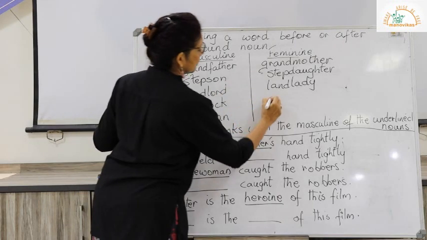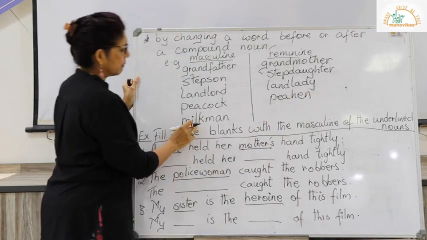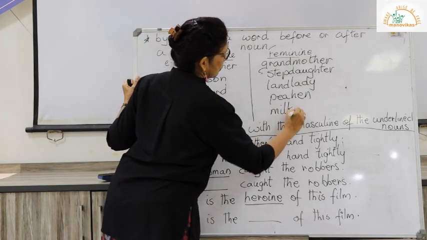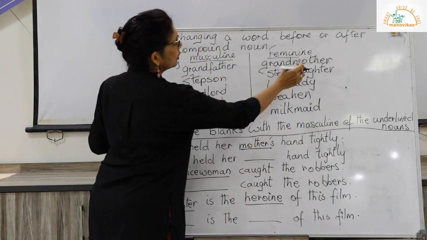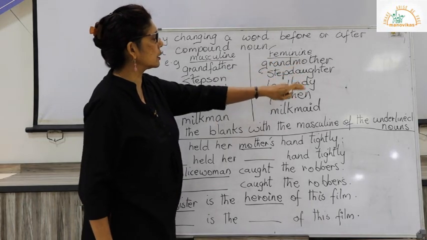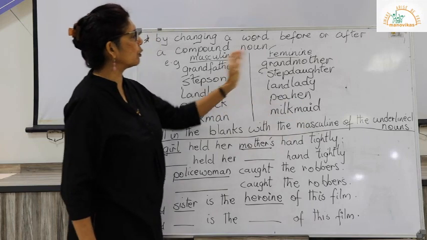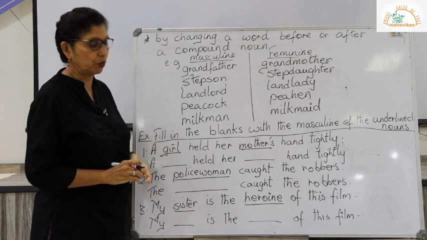Peacock will become peahen. And milkman will become milkmaid. We are familiar with these feminine words: mother, daughter, lady, hen and maid. So this is how you form the feminine of some of the compound words.